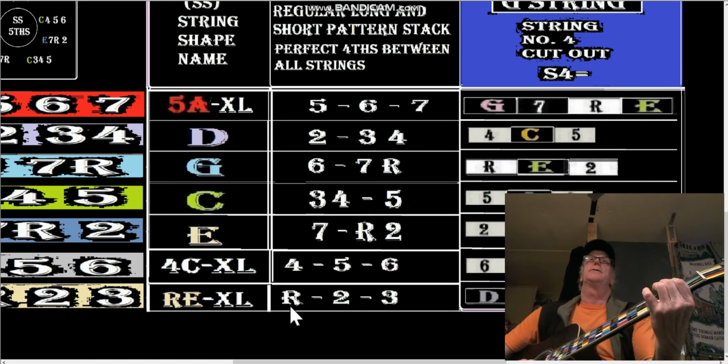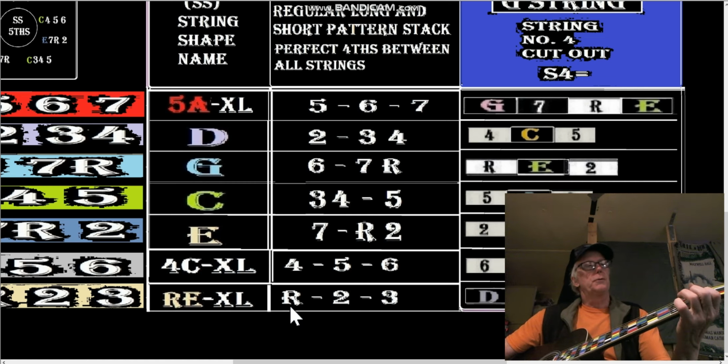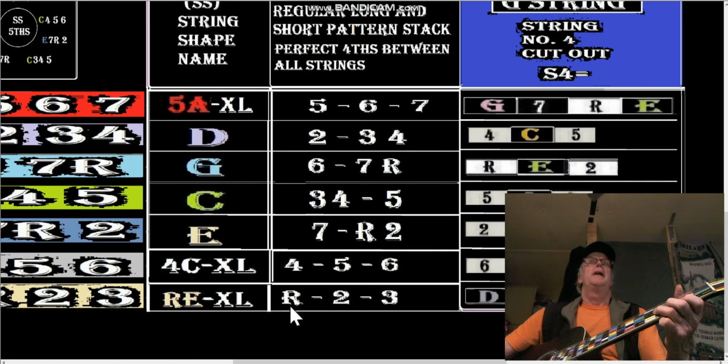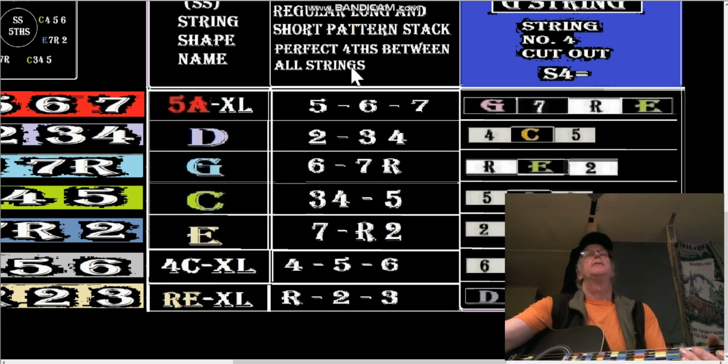Anyway, let's look. So if we start here on root, 2, 3, doesn't matter what key, just root, 2, 3, 4, 5, 6, 7, root, 2, 3, 4, 5. Now 6, 7, root is going to be wrapped up, and then 2, 3, 4 is right straight on top of that. Okay, doesn't matter where you start.